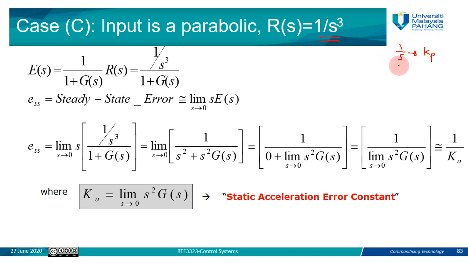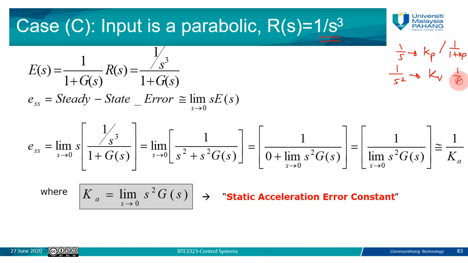The second case was the ramp function, 1 over s square, and it gave us the constant we call kv, and we calculate the steady state error based on kv. In the first case, the steady state error was 1 over 1 plus kp.